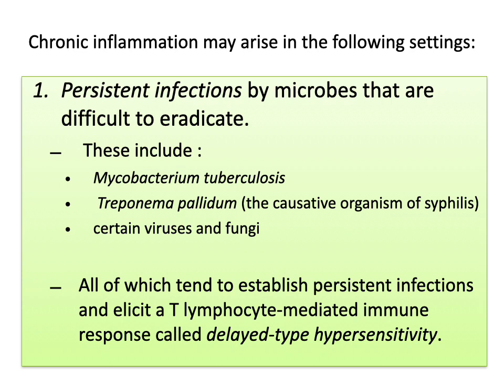Now, we know in the first 2 days of infection, of course, you're going to have the acute inflammatory stage, fever, the cardinal signs of inflammation. And in the acute phase of inflammation, the body is trying to kill the organism. Okay.